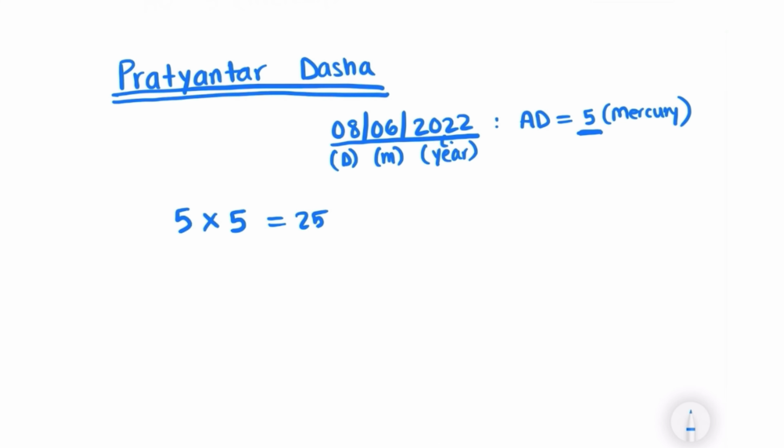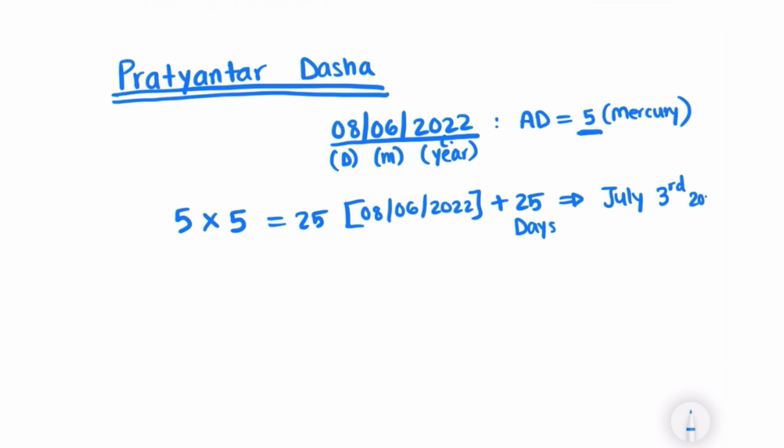Okay, so starting on this day, on the birthday, we will add 25 days. And if we add 25 days, we get July 3rd of 2022.